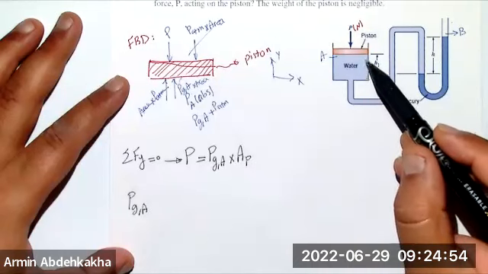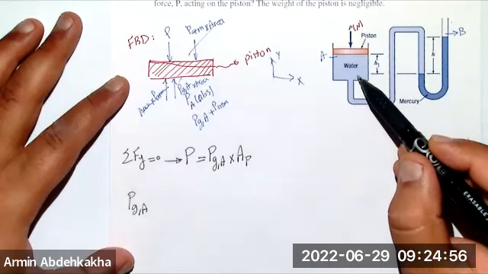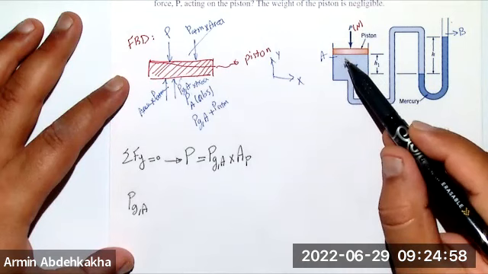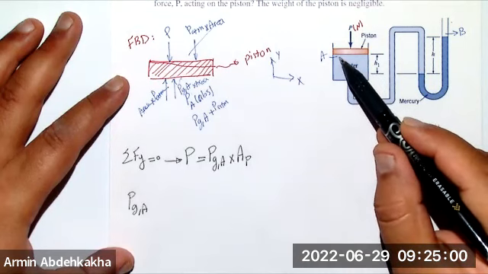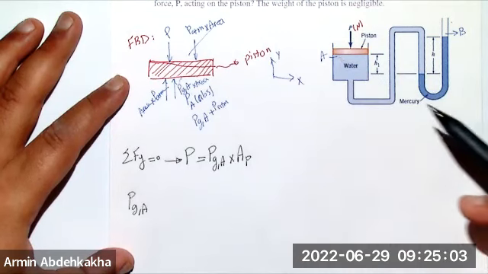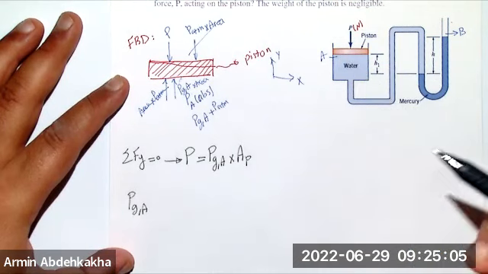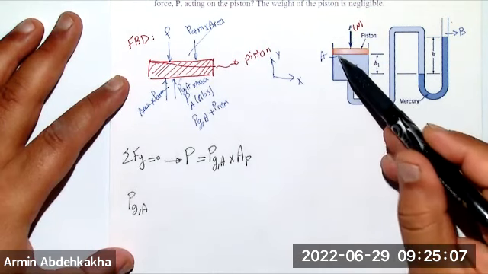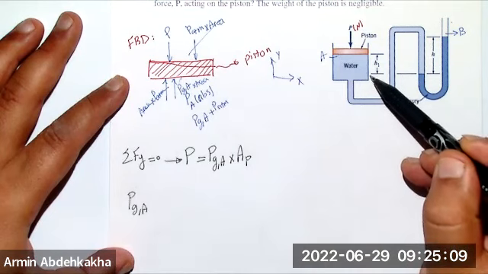In this manometer, you have to come down first. If you use the escape method, then you'll use that in summarized form. So I'll come down from point A to here.